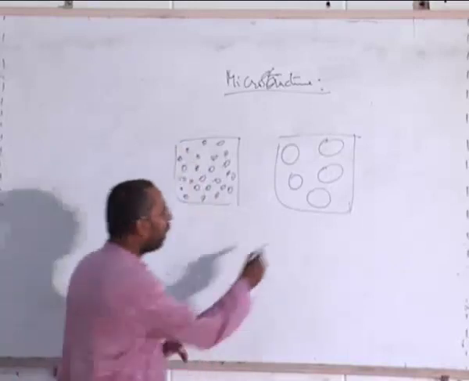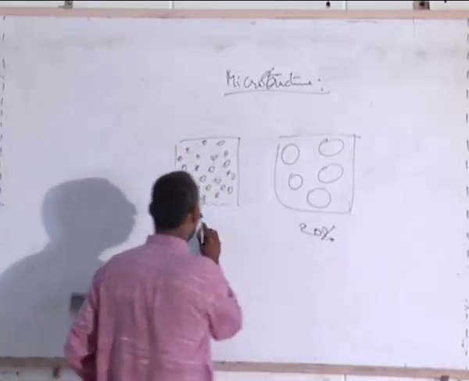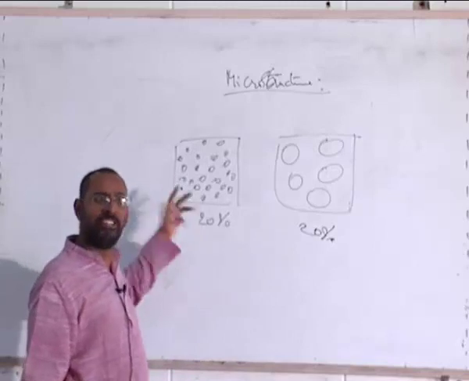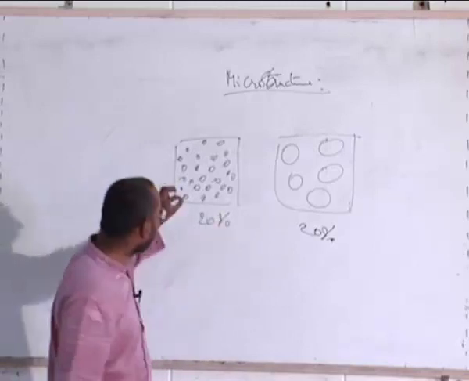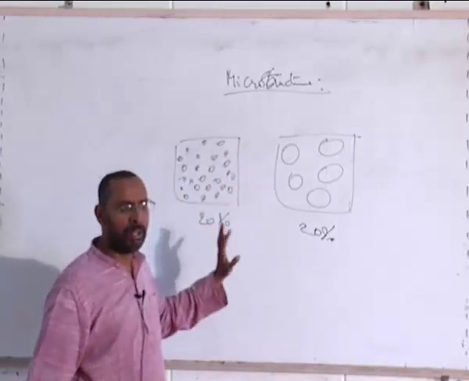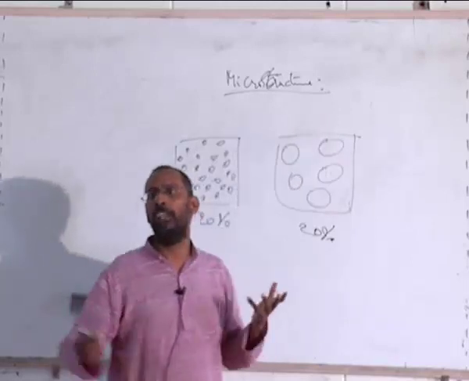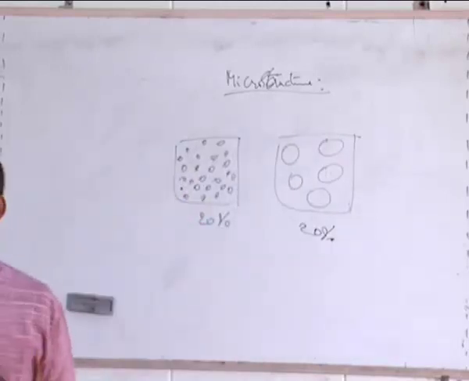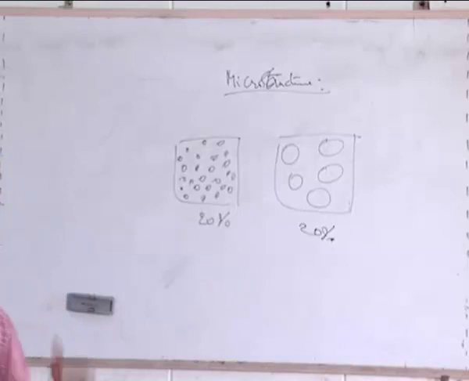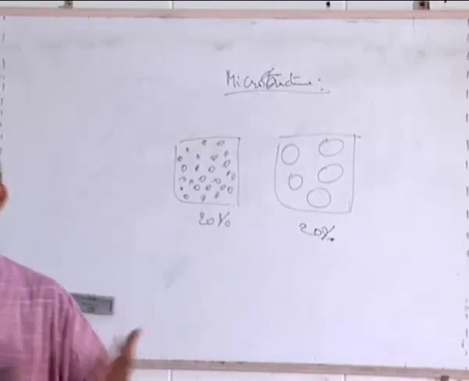This is also, let us say, 20%. This is also, let us say, 20%. But the 20% here is distributed as fine particles large in number, big coarse particles small in number. You will see that the mechanical properties of both of them are different. The left one will give you a higher strength when compared to the right one.